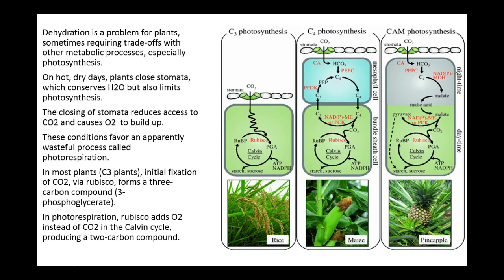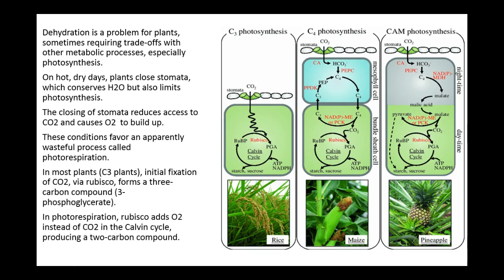But most, we call them C3 plants. The initial fixation of carbon dioxide via Rubisco forms a 3-carbon compound. In photorespiration, Rubisco adds oxygen instead of carbon dioxide.